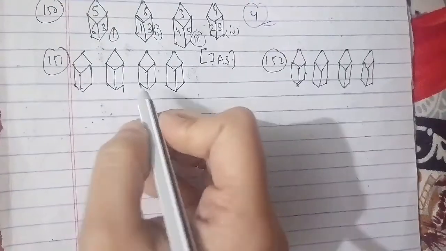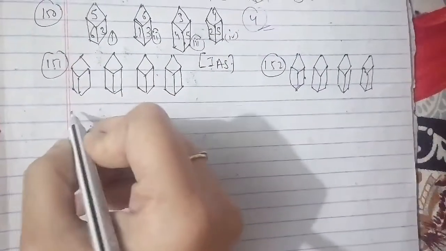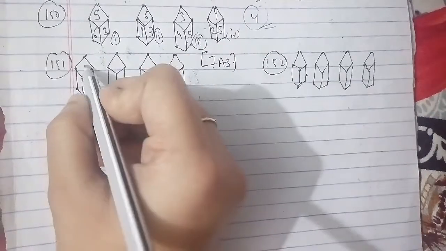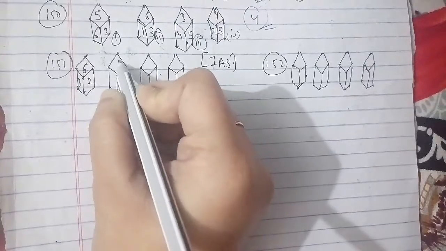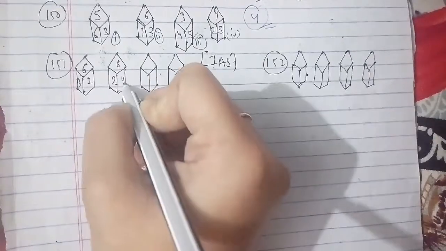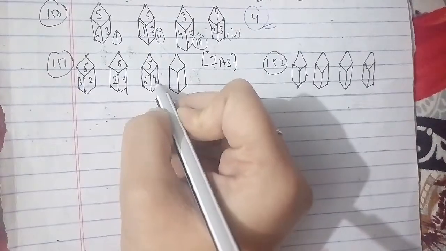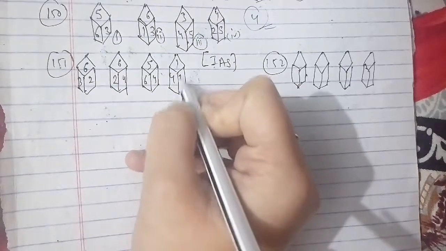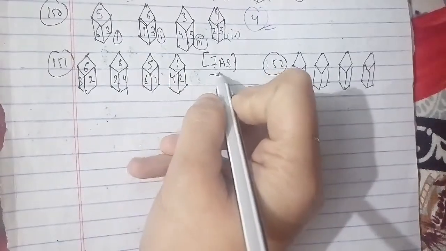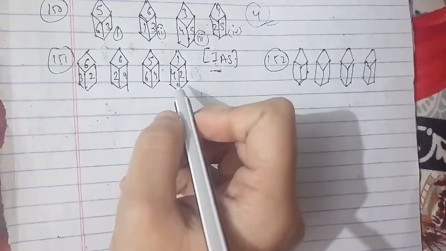The first dice has 6, 3, 2. Second dice 6, 2, 4. Third dice 5, 6, 4. And the fourth dice 1, 4 and 2. As I told you, this is important because it was asked in an IAS examination paper.